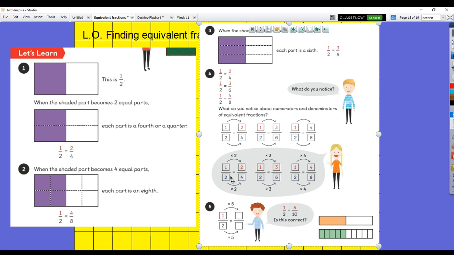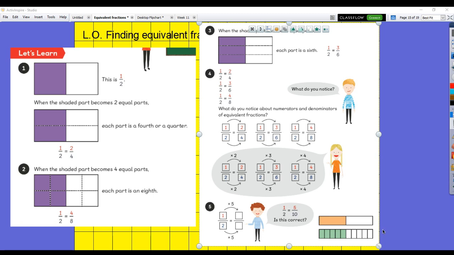So over here, 1/2 doubled is 2 quarters. 1/2, you multiply it by 3, both the numerator and denominator, goes to 3/6. Okay, 1/2 multiplied by 4 goes to 4/8. Okay, so if I wanted to work out 1/2 and multiplied it by 5, does it go into 5/10?